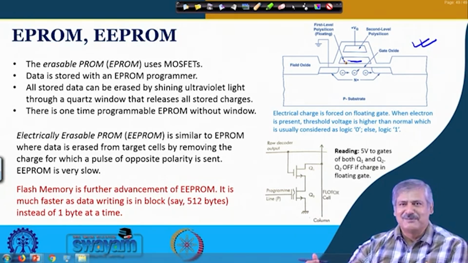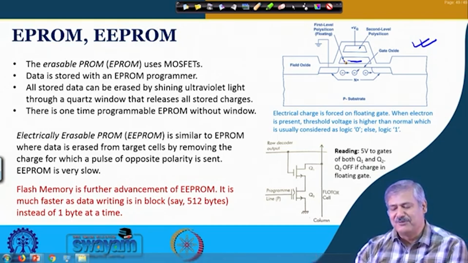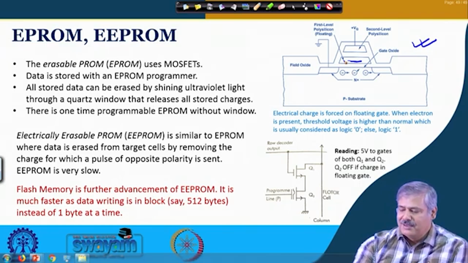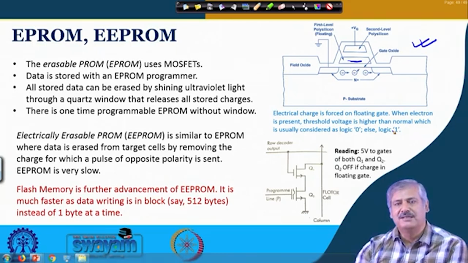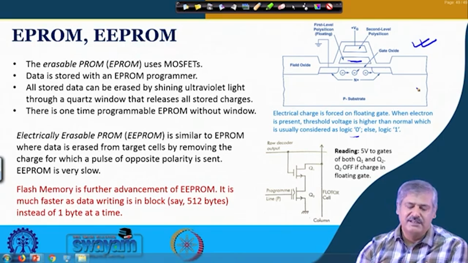Okay, from an electronics circuit point of view, what we understand is that when electrical charge is stored in this floating gate, the threshold voltage increases. Okay. And when it is not stored, the threshold voltage is the normal threshold voltage that you see for the gate to work. Okay. So, when the threshold voltage is higher than normal, it is usually considered logic 0, and otherwise it is considered logic 1, right. So, this is what is used in erasable PROM.